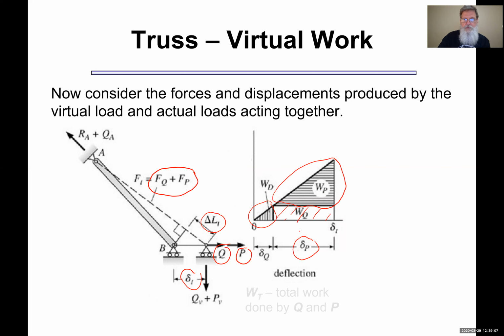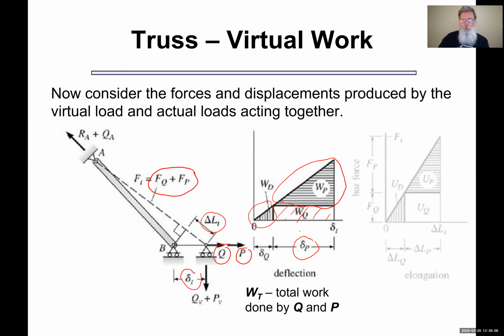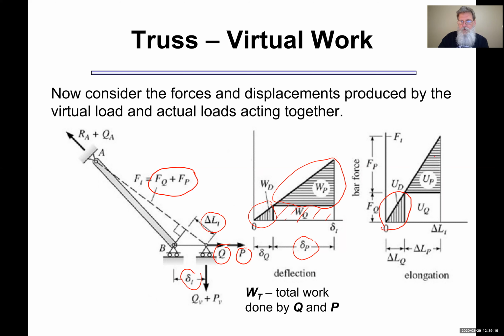Okay, same thing looks to be true of the total work done in the bar, the strain energy. So again, I've got this component and this component, and when I stack them together, I create an additional strain energy underneath, which is the strain energy of the virtual system going through a real displacement.